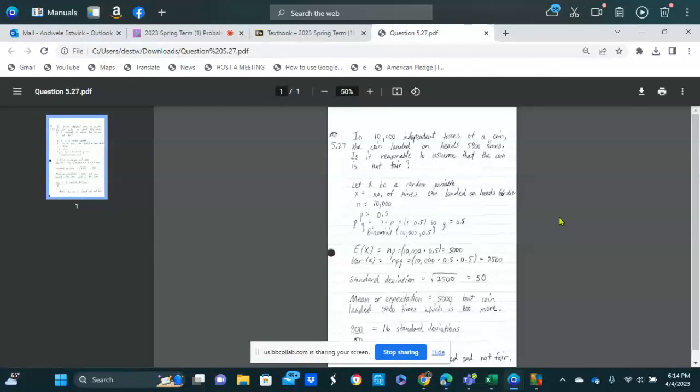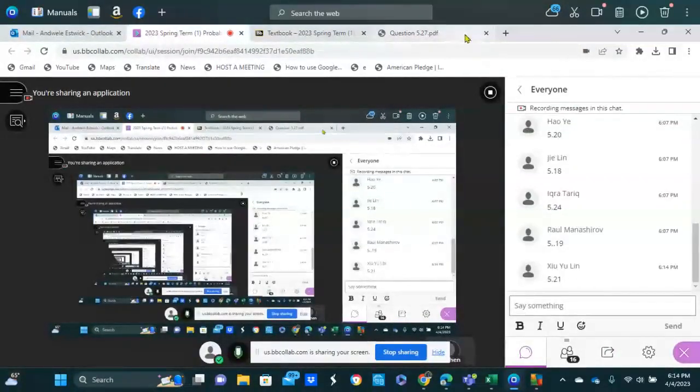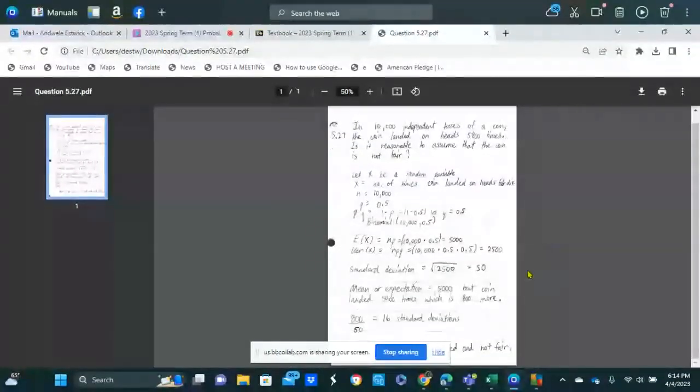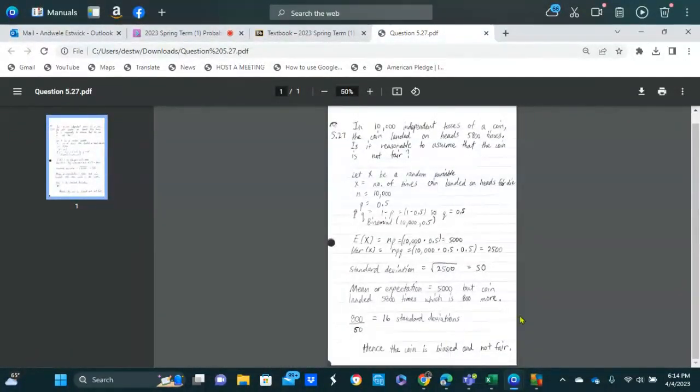The standard deviation is the square root of the variance, which is 50, and the mean or expectation is 5,000.